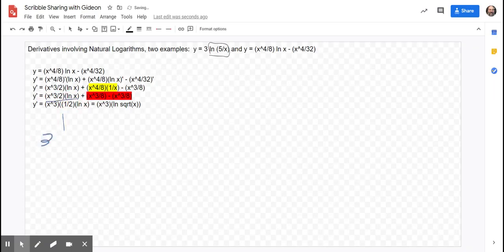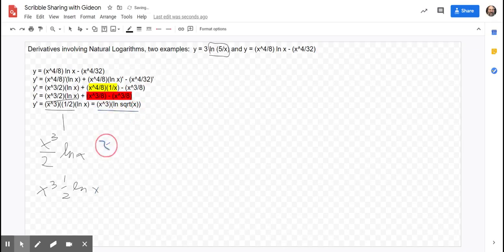This one, leaving it untouched like this, it's x cubed times one half ln of x, right? That's pretty nice. The second version here is x cubed times 1/2 ln x. That doesn't look very elegant, and that's why I chose to at least note that you can put it in this way.